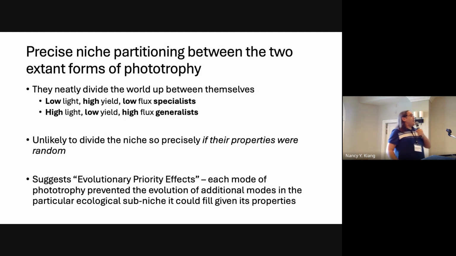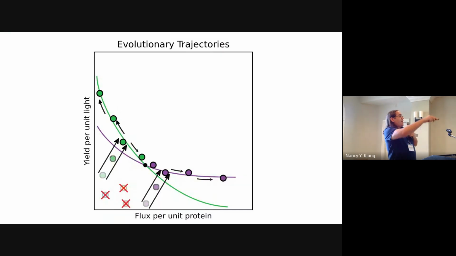And I think they're unlikely to divide the niche so nicely if the properties were random. This is all about an evolutionary priority effect, preventing the evolution of anything too similar to themselves. Each of them is able to evolve up and reach this Pareto front, and other ones are unable to.